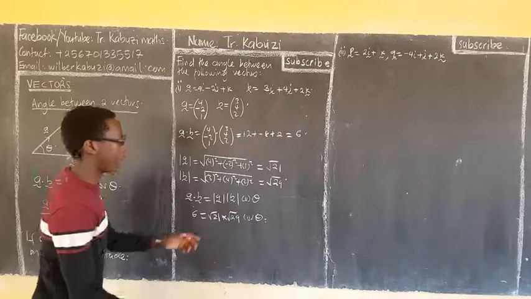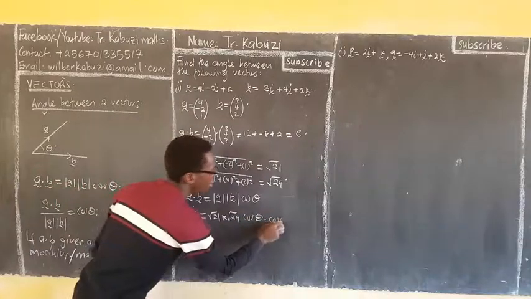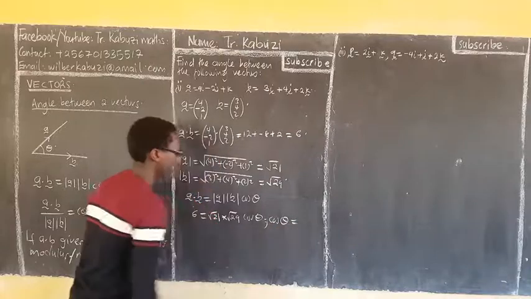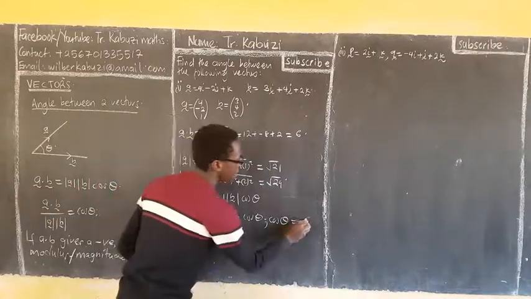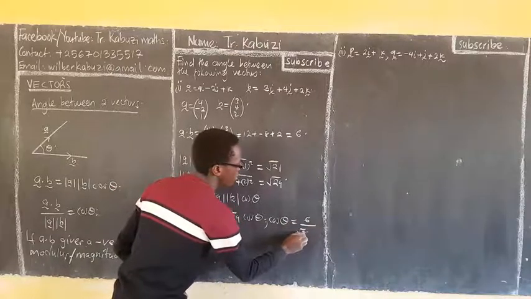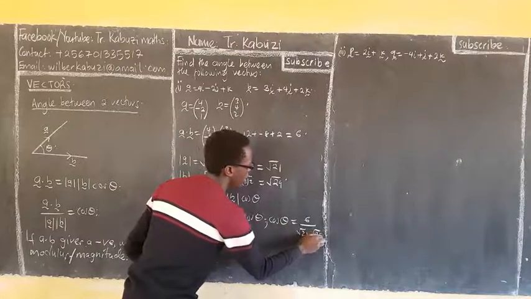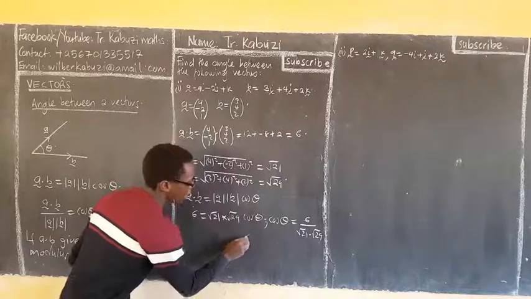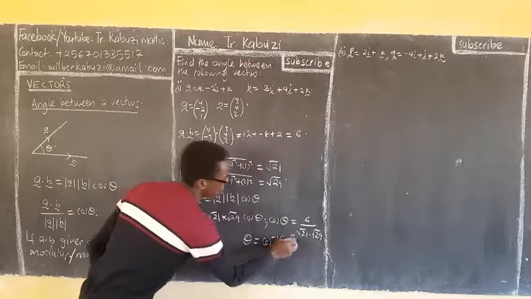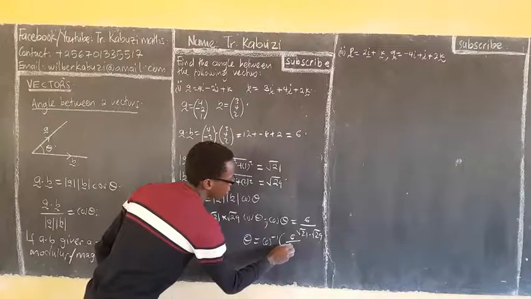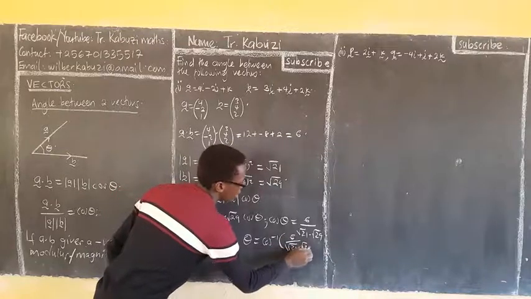From here, cos theta will be equal to 6 over root 21 times root 29. So your theta will be cos inverse of 6 over root 21 root 29.